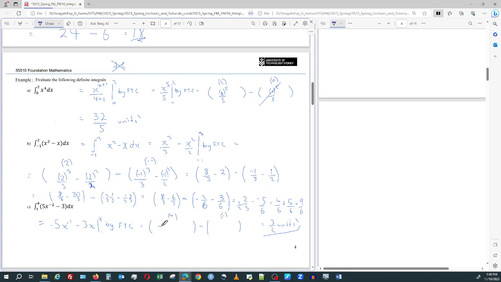So I'll get minus 5 on 4 minus 3 times 4 and minus 5 on 1 minus 3, which will give me 3 fours are 12, minus 5 on 4 minus 12, minus 5 minus 3 is negative 8, plus 8.